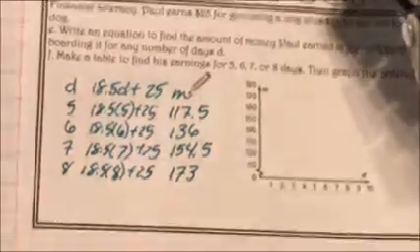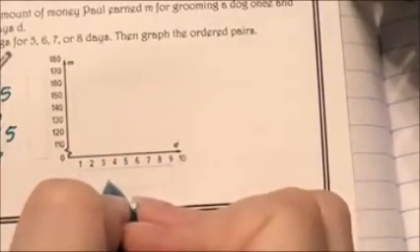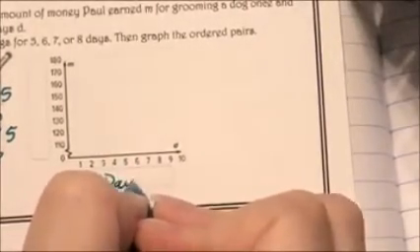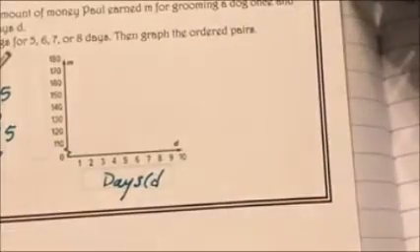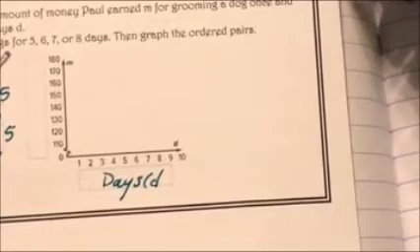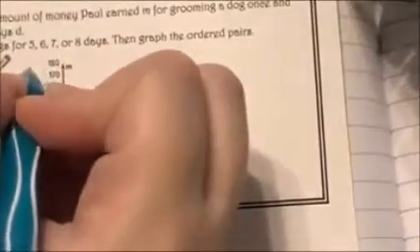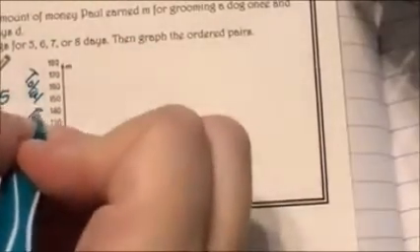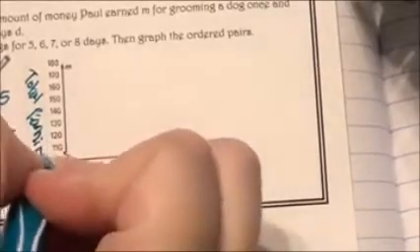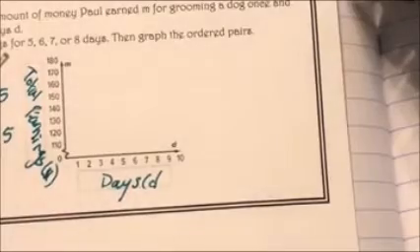Okay. So then I can go ahead and graph this. So D are my days. Okay. And then this other one over here is going to be total earnings. So that's the total money he earned.